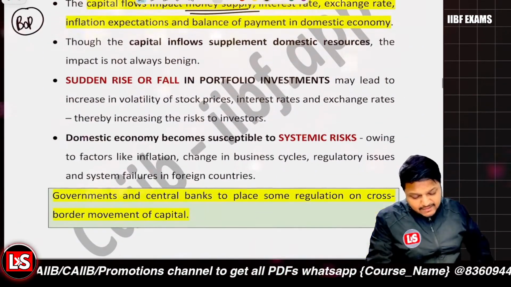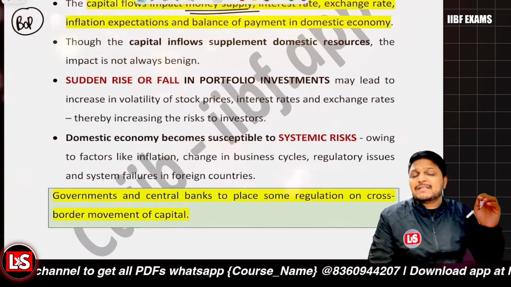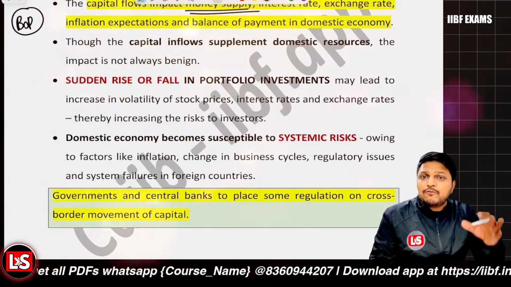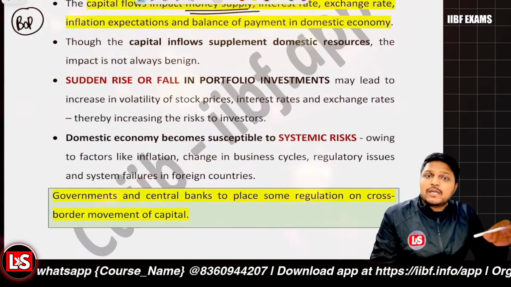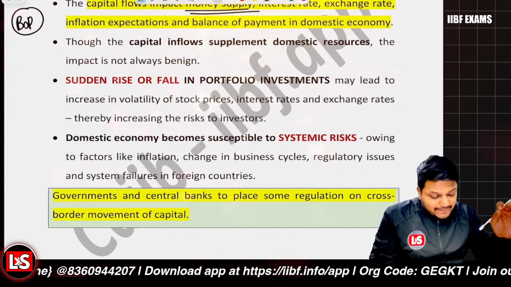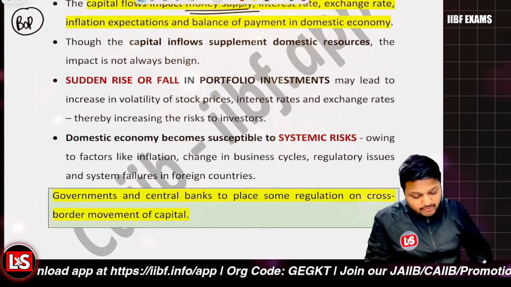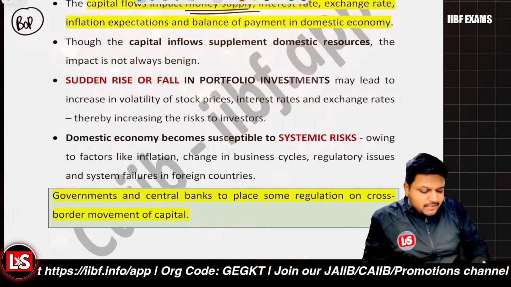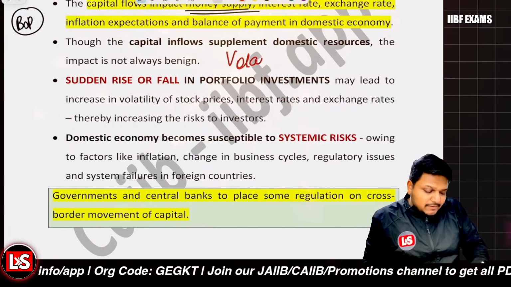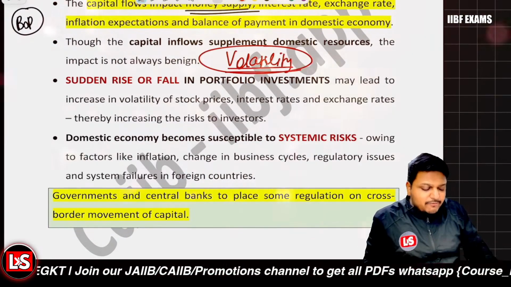And second thing, it's about the risk associated. Because let me just tell you, whensoever the inflow is there, it's going to support economic development, but it may also lead to financial instability due to volatility. So the volatility will be existing. Why volatility?